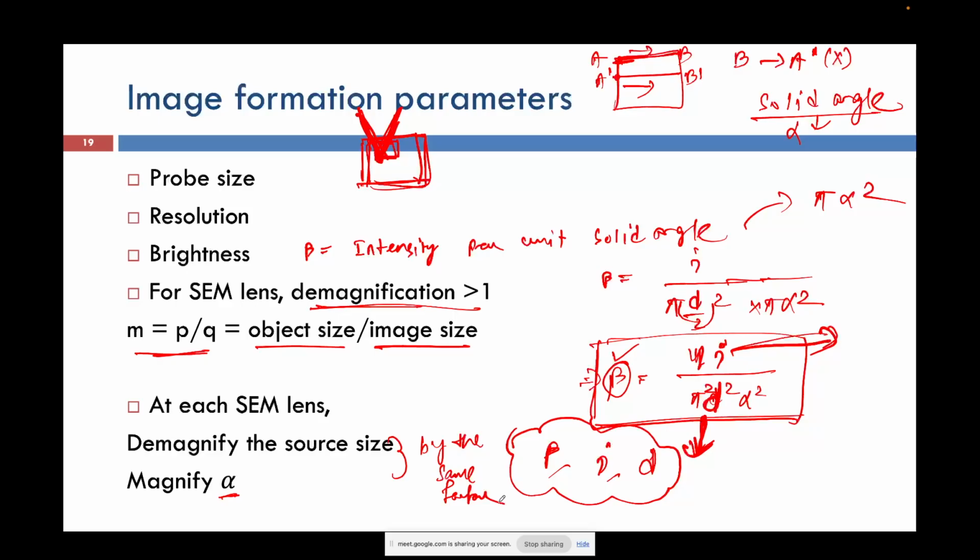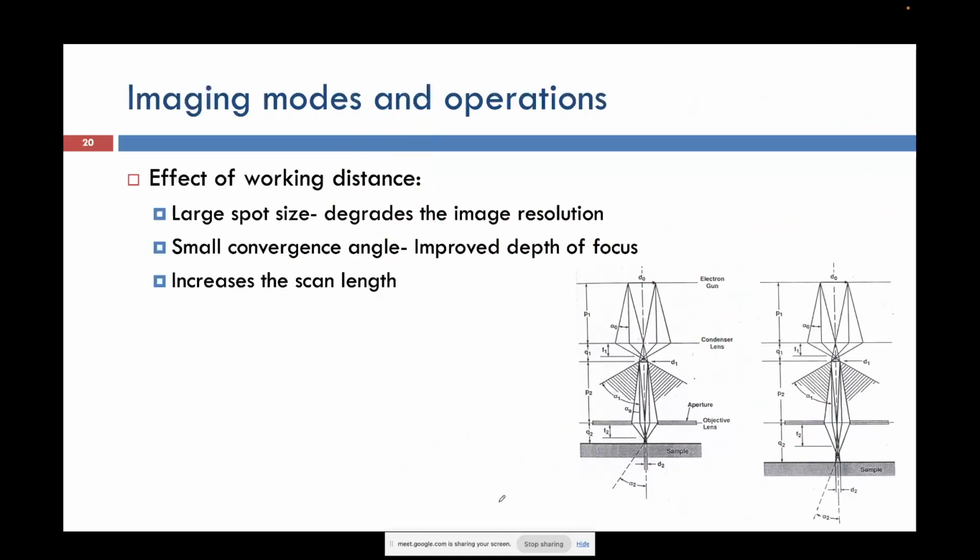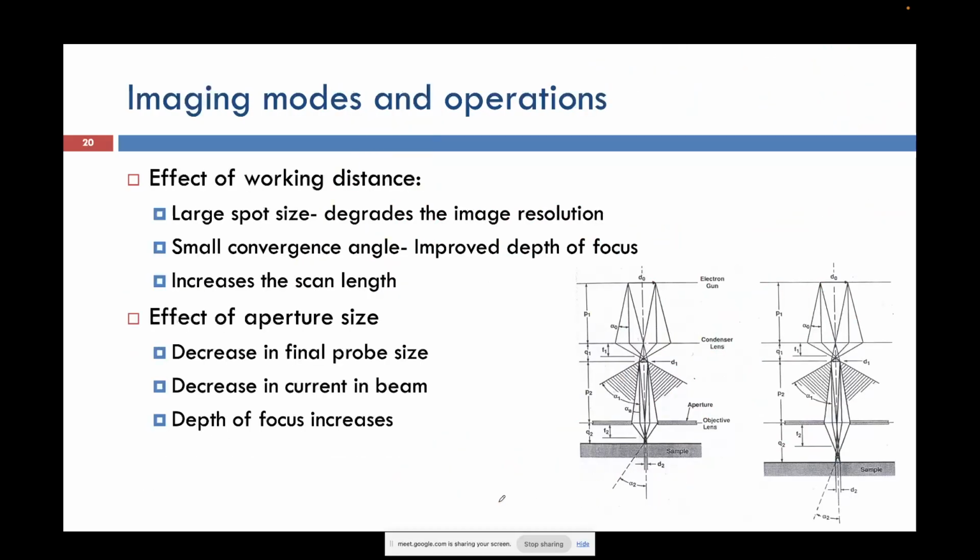So these are the important image formation parameters with which we generally create an optimum value, so that we will get nice and good microstructural features. And these are the different imaging modes and operation. One of the imaging modes is the working distance: what will happen if we increase or decrease the working distance, and what will happen if we limit our aperture size.